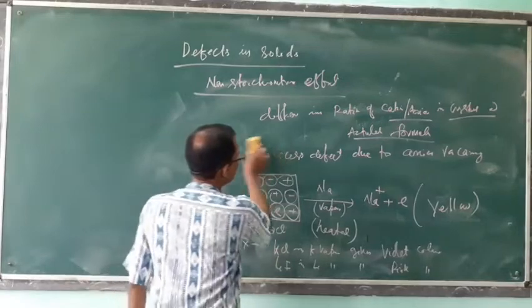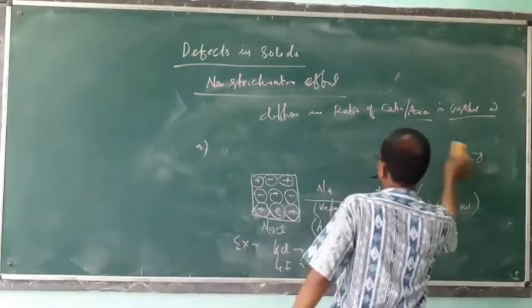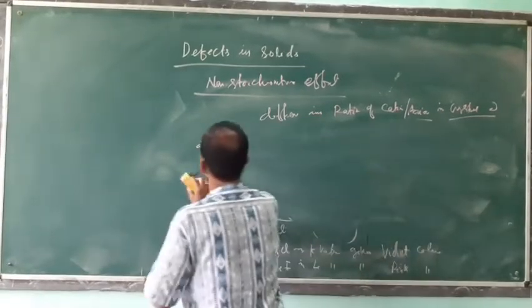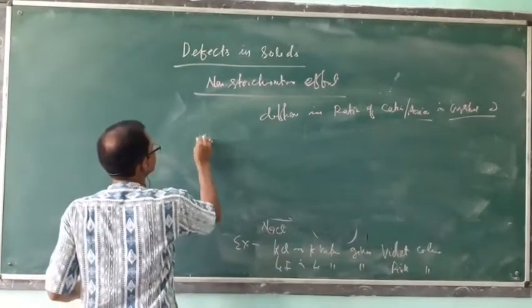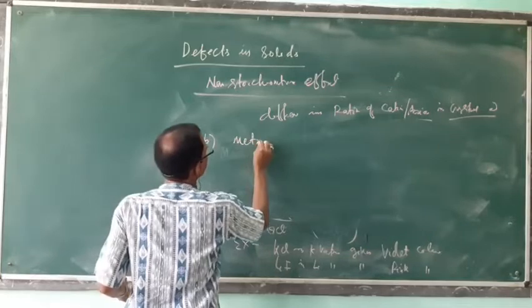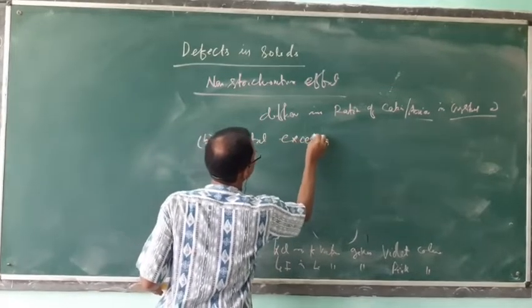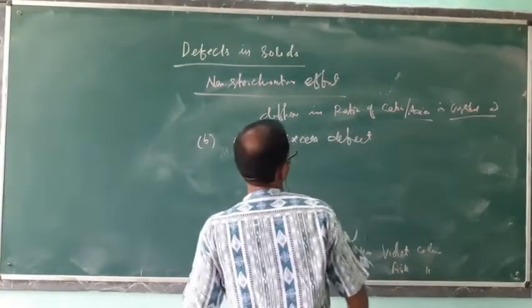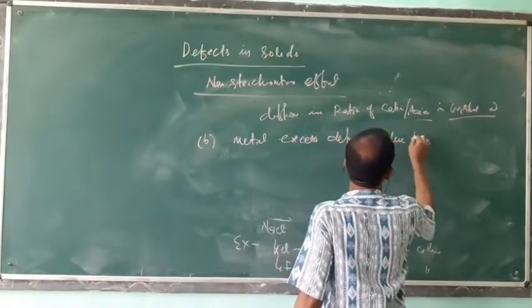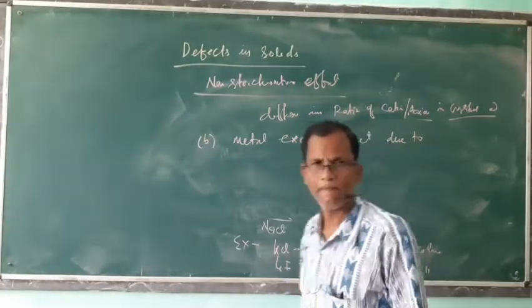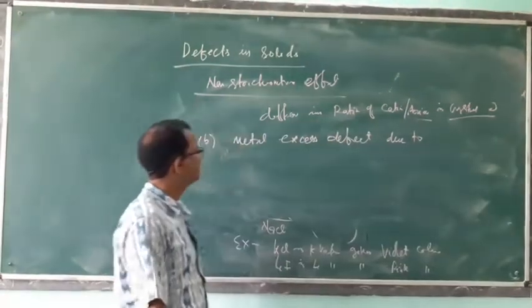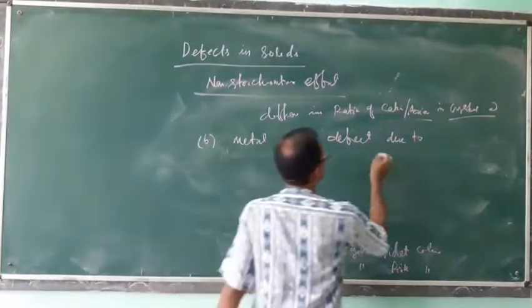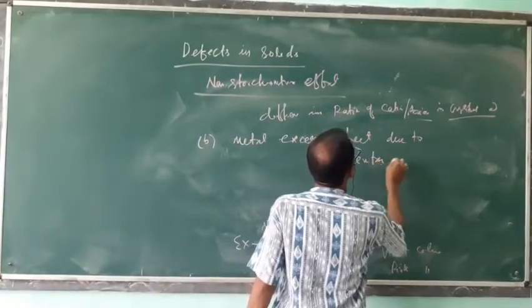Then the second type of defect is metal excess defect due to extra cations.